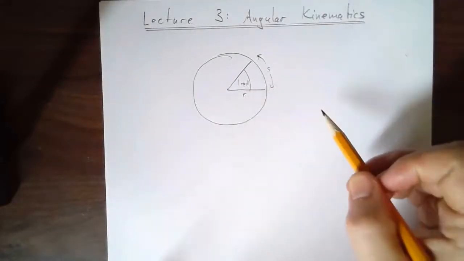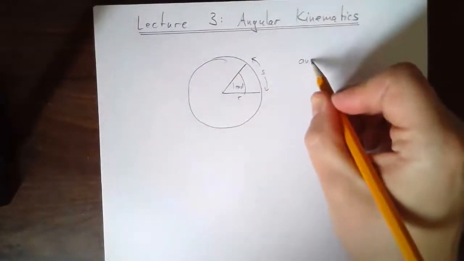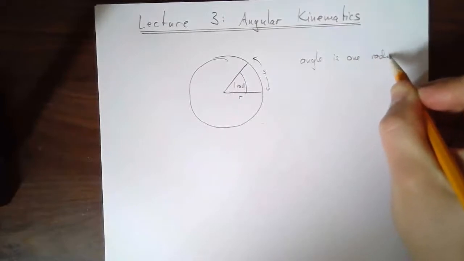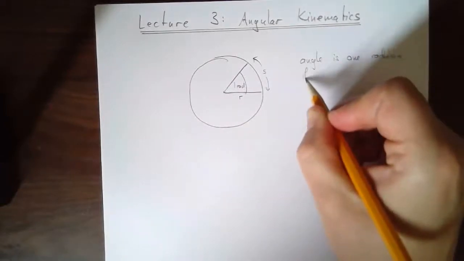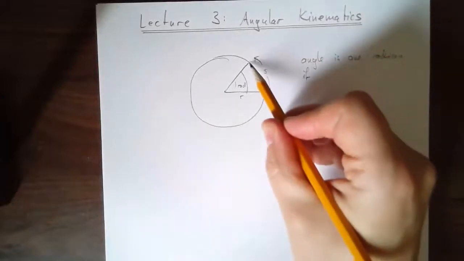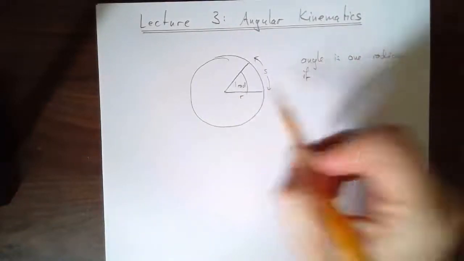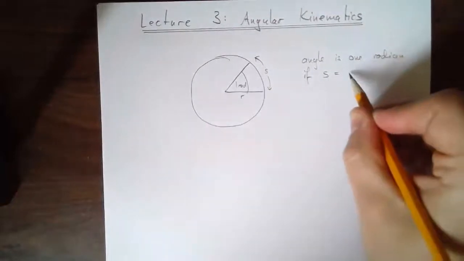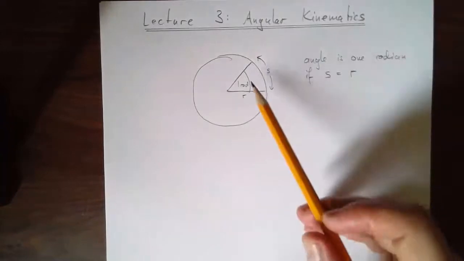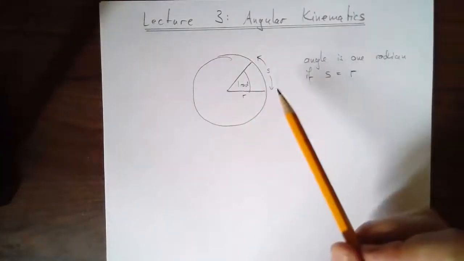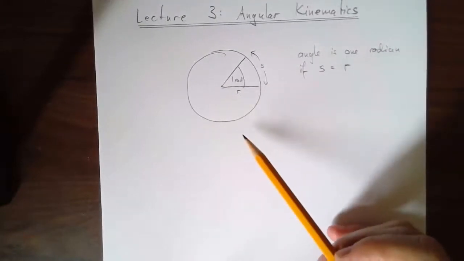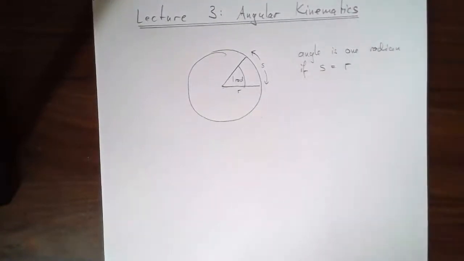The angle is 1 radian if, and only if, the arc length is exactly equal to the radius. That is the definition of 1 radian. Hopefully you remember that from your math courses or your previous physics courses, but I think it's worth emphasizing right here. So what does it imply?